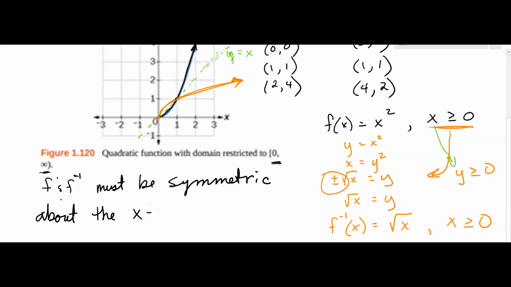Oops, that doesn't say y. Okay, so you could fold along that green line and the points would line up from the two graphs. If you remember that, it's a good test if you have a graph to see if it's an inverse. You can think about it being symmetric about the y equals x line.